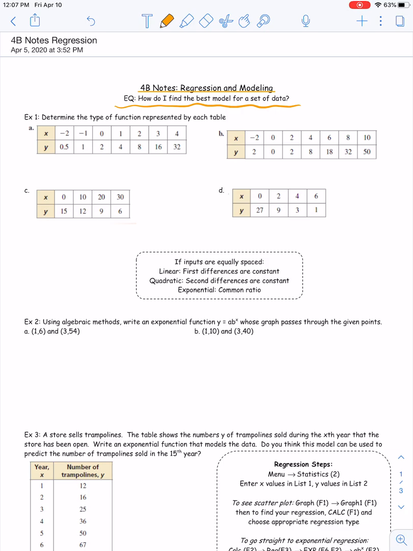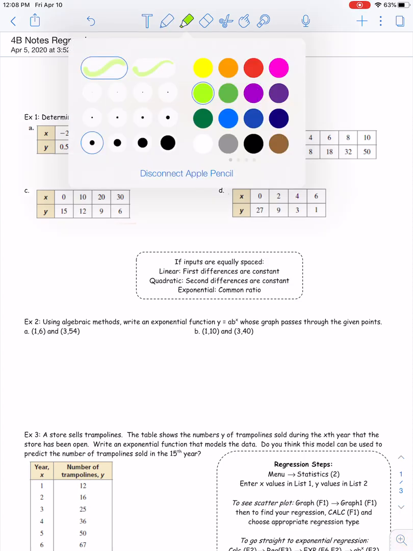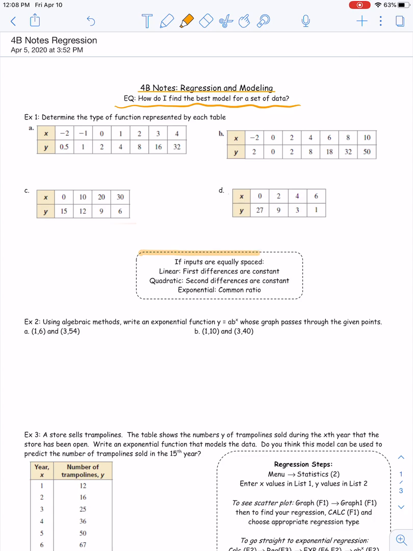So how do we find the best model for a set of data? The first thing we need to remember is determining the type of data that we have based on a table or some set of points. We've done this before with linear and quadratic, so now we'll do it with exponential. Remember, if your inputs are equally spaced, then you need to look at those y values.